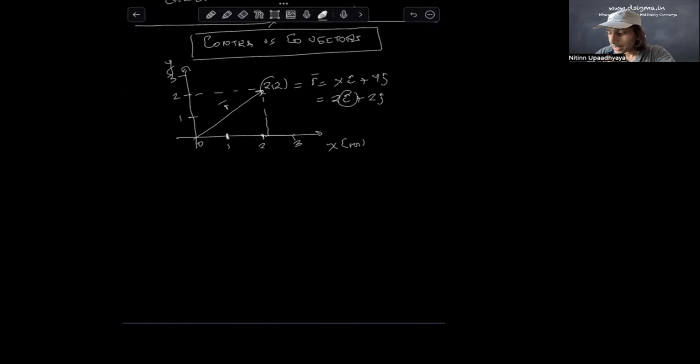Now notice this i and j are unit vectors along the x and y directions. The only unit vector we have at our disposal is a vector which is measured in units of 1 meter. Right? So this is a unit vector. That's the 1 meter unit vector. So that's i, and this vector is j. All right, so that's good.